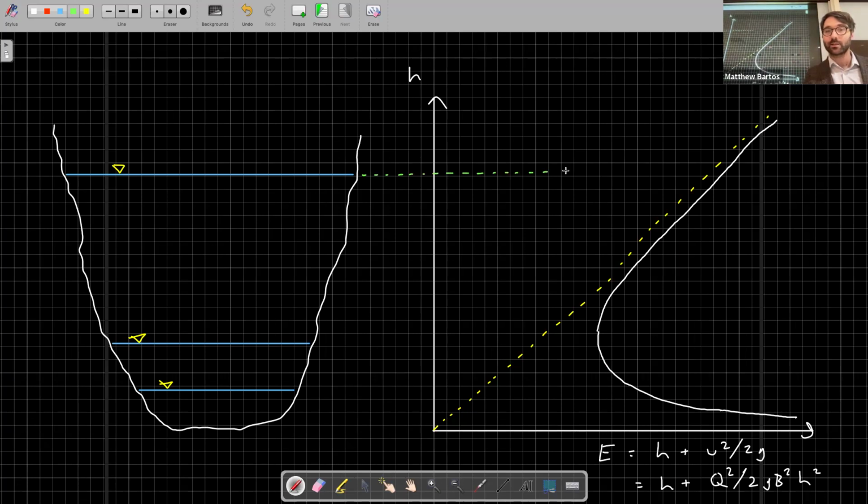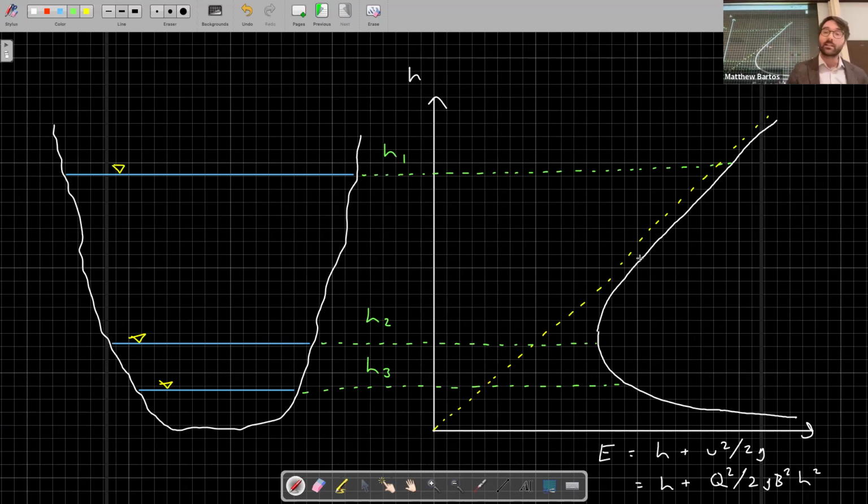Let me just draw these lines here from our depths indicated on the left to our specific energy curve over here on the right. So let's say this is H1, this is H2, this is H3. So again, all of them are at the same discharge, but at different depths.